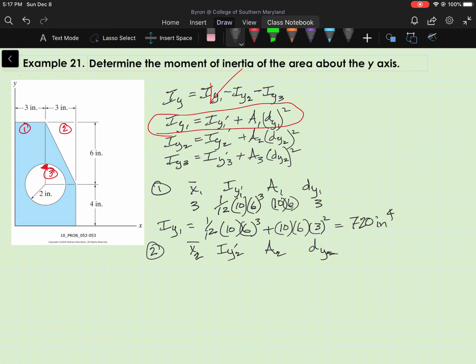Okay, x bar of the triangle is, we should be able to see that that's 5 inches.